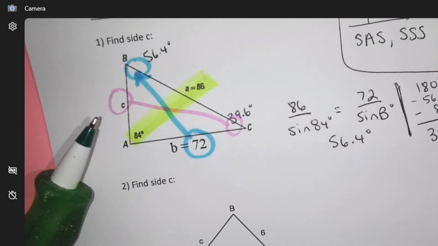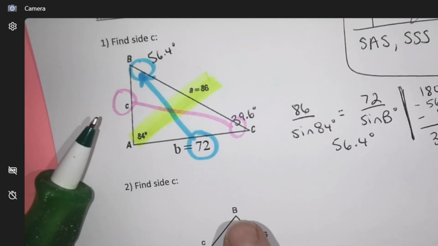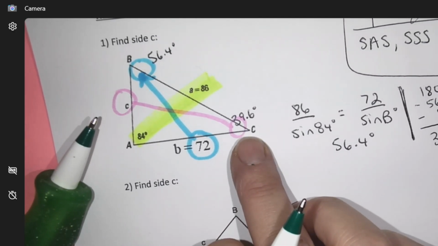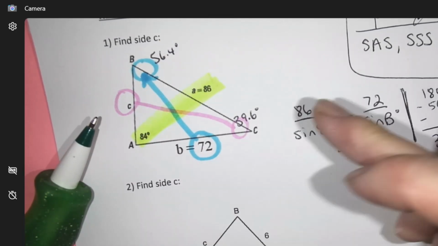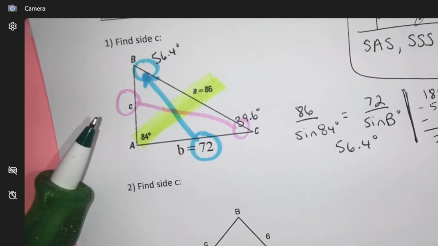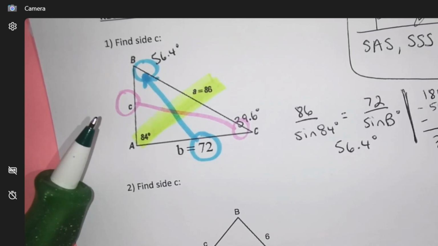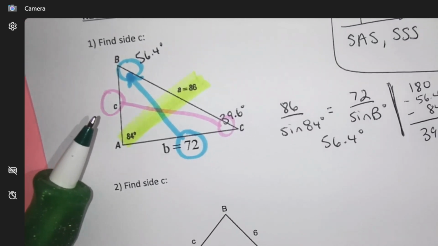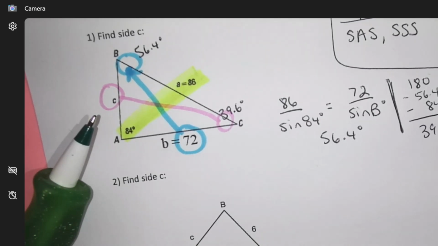Okay, so the next step was to find angle C at the bottom right there. So you can do that with the 180 rule. And then you need to repeat sine law.